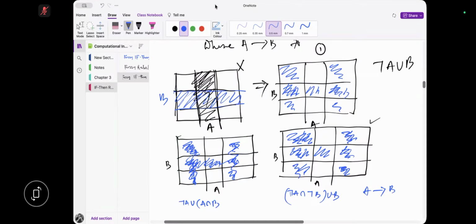Any queries out of it? I hope there are no more queries. It is simple, these are basic concepts.